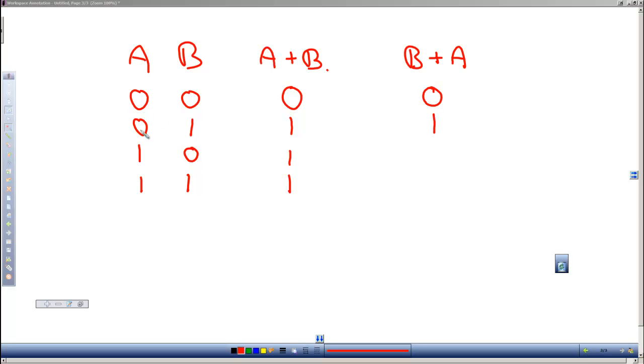A B of 0 and an A of 1, well, that gives us the 1, and the 1 or 1 gives us the 1. So we can verify with the truth table that it gives us the same result. So that is our commutative law, and that's a hard word for me to say.